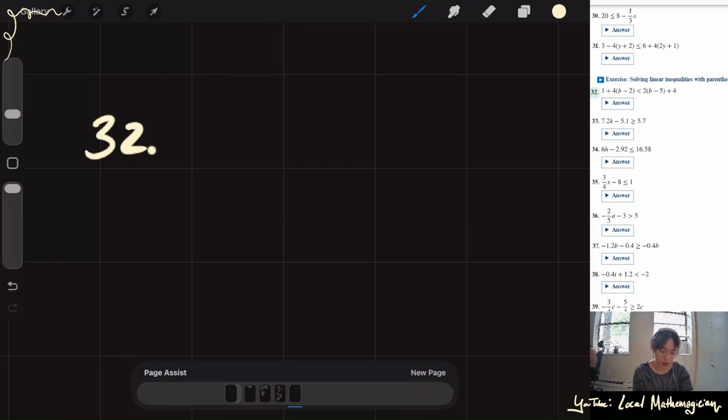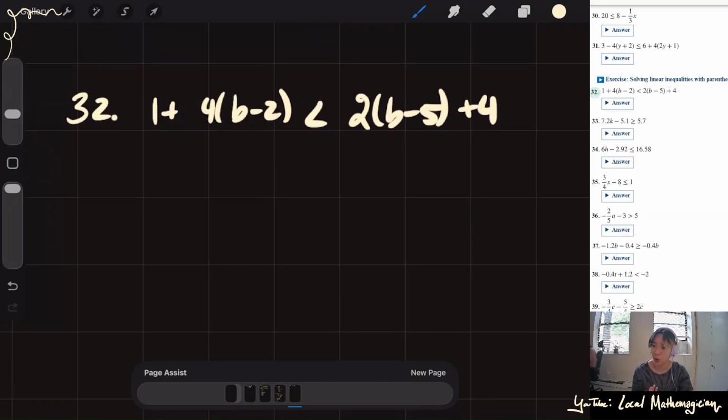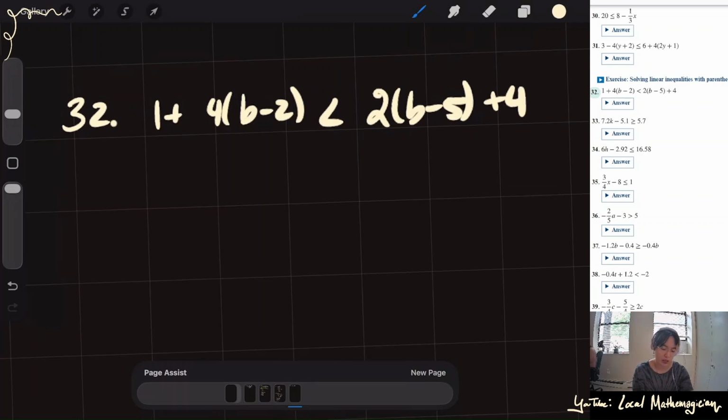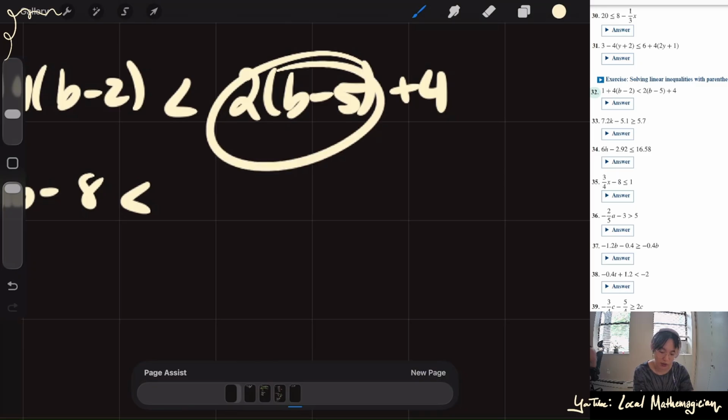So for number 32, you have 1 plus 4 times (b minus 2) is less than 2 times (b minus 5) plus 4. Again, treat this like an equality for now before you start doing weird sign swapping, right? If this were a normal equality, we'd just use PEMDAS. Nothing happens to the 1, you distribute the 4, 4b minus 8, less than, do the same over here.